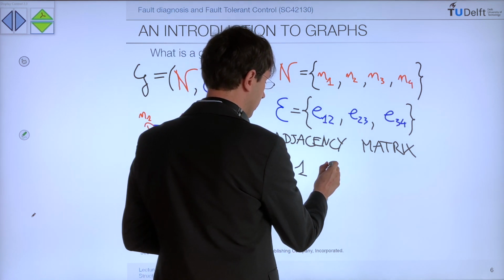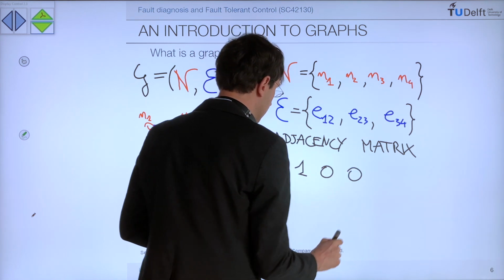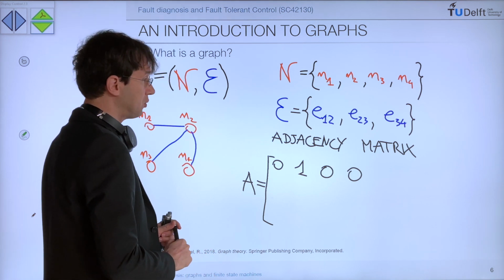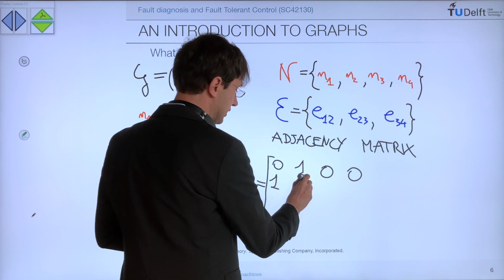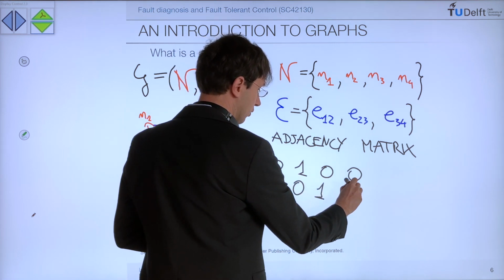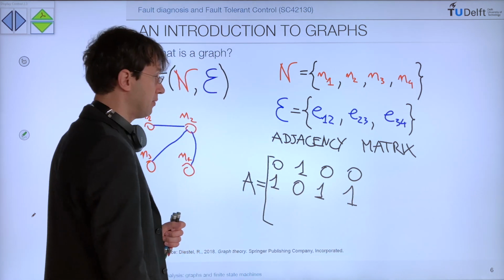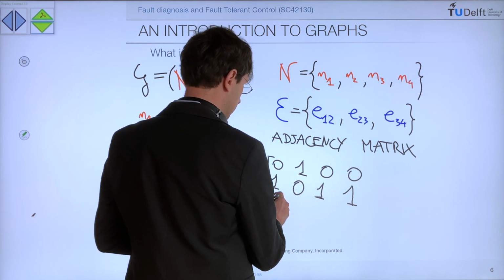No connection between node 1 and 3. No connection between node 1 and 4. Then, second row, we look at node number 2. It has a connection to node number 1, no connection to itself, a connection to node number 3, and a connection to node number 4. Then, for node number 3, similarly, we have no connection to 1.